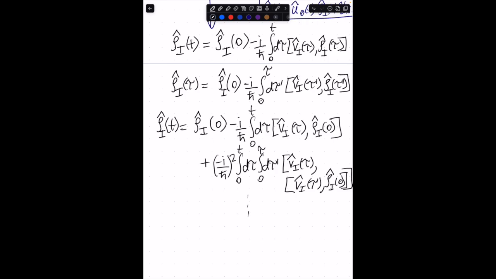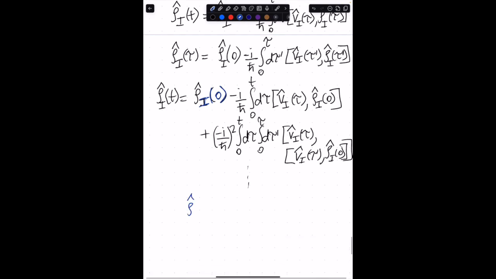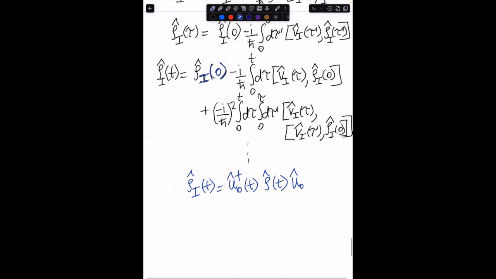Now, something which we should discuss clearly is that you can drop the label on rho hat I(0). Why would that be? Going back to the definition of rho hat I(t), which is just your U hat 0 dagger(t) rho hat(t) U hat 0(t).